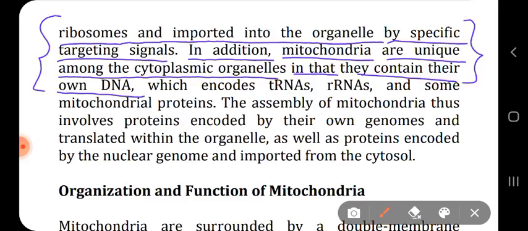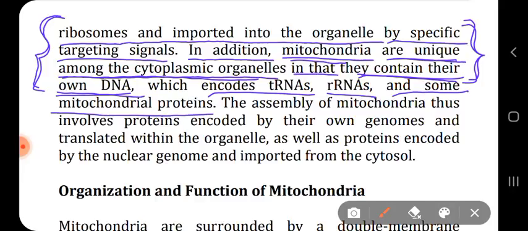Similarly, chloroplast is also one of the primitive organelles which came into contact with the plant cells and became a part of the plant cells. So mitochondria are unique from other organelles because they have their own DNA, and that DNA encodes transfer RNA, ribosomal RNA, and some mitochondrial proteins.